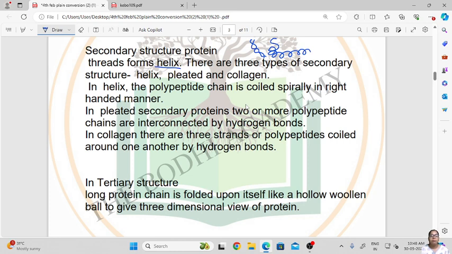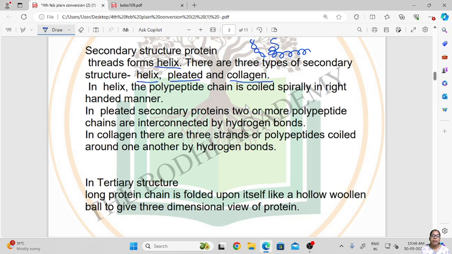There are three types of secondary structures. So the secondary structure of protein is of three types. It can be in the form of helix, plated, or collagen.